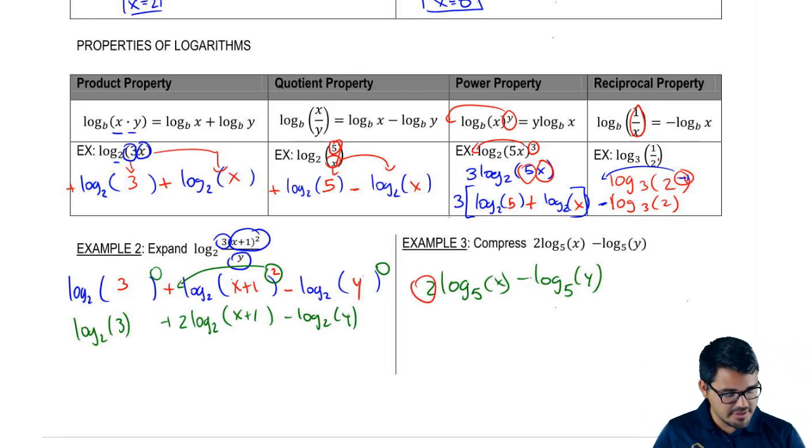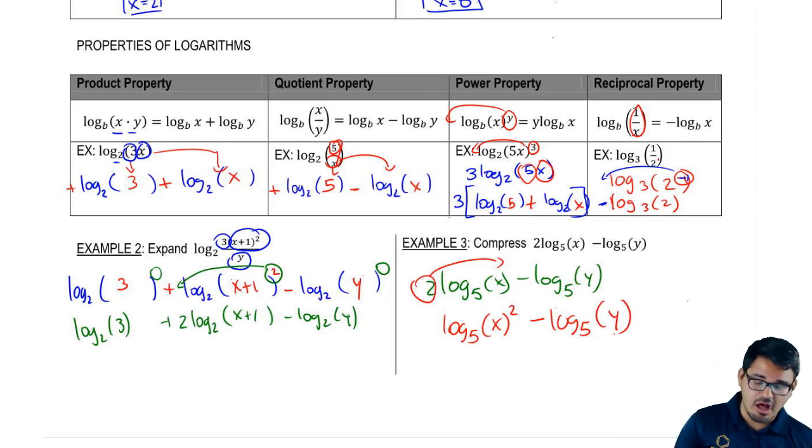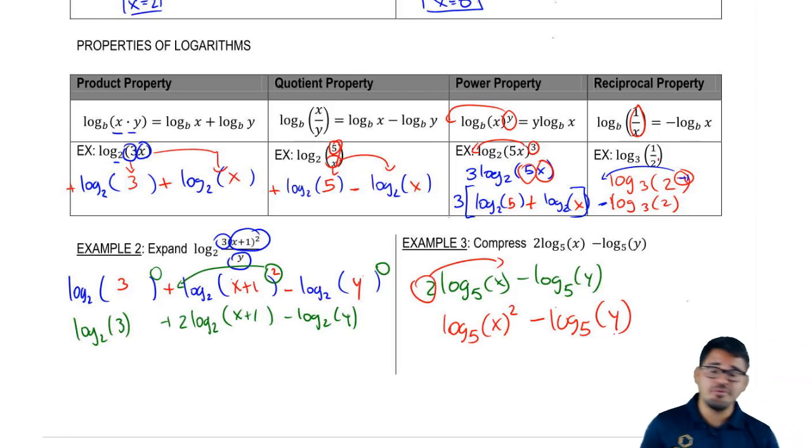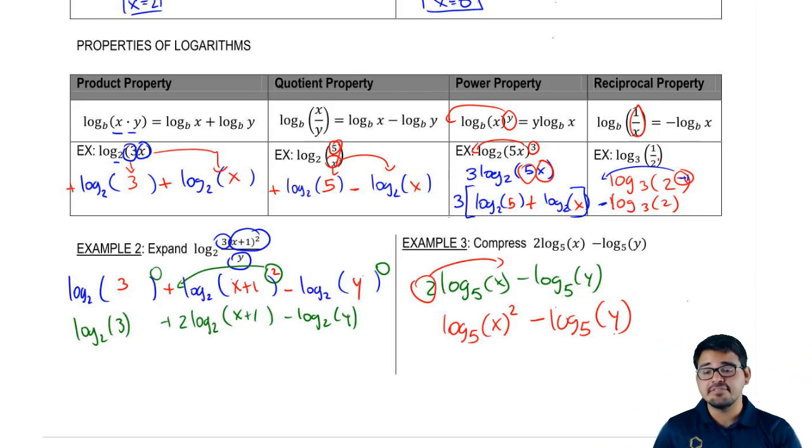So we do like a coefficient check. Boom, I spotted one out. Here's just one, so it doesn't matter. So I'm going to bring up my coefficients, right? So now this becomes log 5 x to the 2 minus log 5 of y, right? So now that I have individual logs, I go backwards in the sense that whatever has a positive goes to the top and whatever has a negative goes to the bottom.